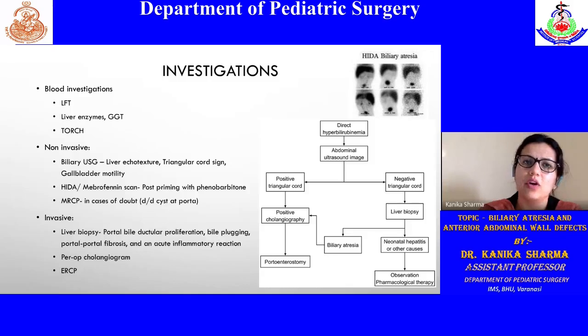We also look at gallbladder motility, where we first scan the child pre-feed, then feed the child and take a scan again, and look whether there was some motility in the gallbladder, whether it has increased or decreased in size, which is an indirect marker of the continuity of the biliary tract. In biliary atresia, the gallbladder motility is almost absent. In very few cases, you can find that the gallbladder is present and functioning.